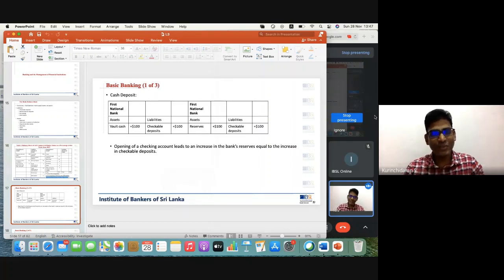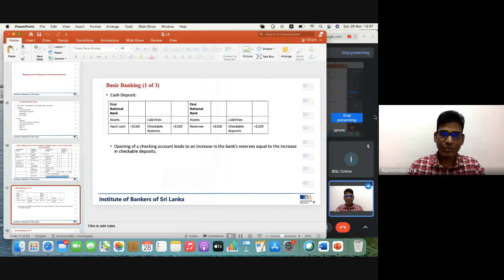You are a bank, and it's very important to understand this one, so that we can understand monetary policy, right? You should be able to explain what would happen in terms of cash deposits in the balance sheet of a bank.